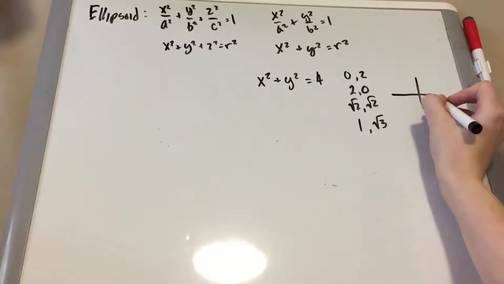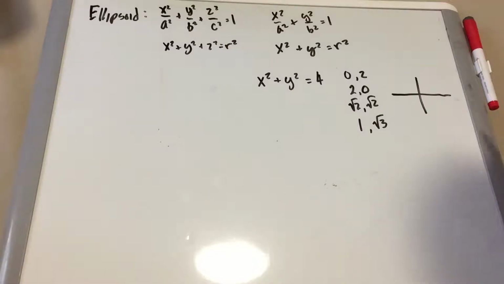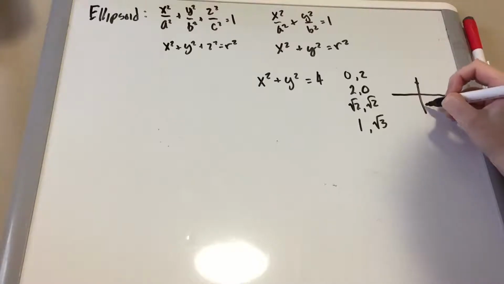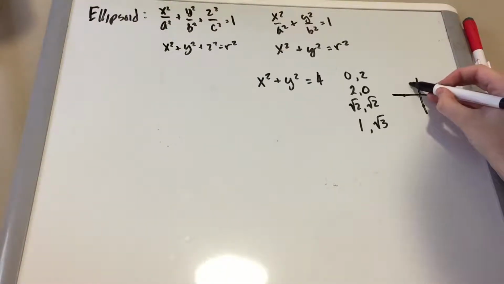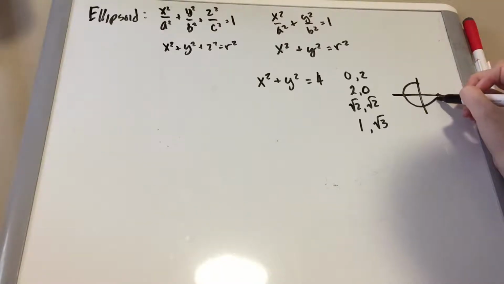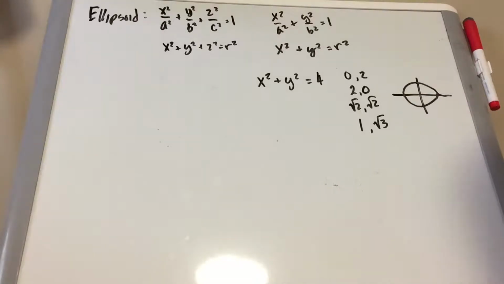And when we draw it, we know that the y-intercepts are 2 and negative 2, and the x-intercepts are also 2 and negative 2.